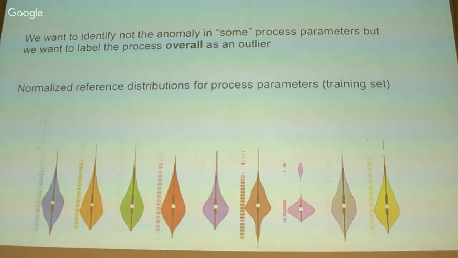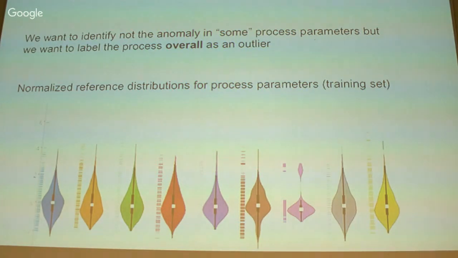And so we had a machine learning model that was working and identifying anomalies, and then we had to display the same results for interpretation to the users. We like to not just identify the anomaly in some process parameters, but we want to label the process overall as an outlier.